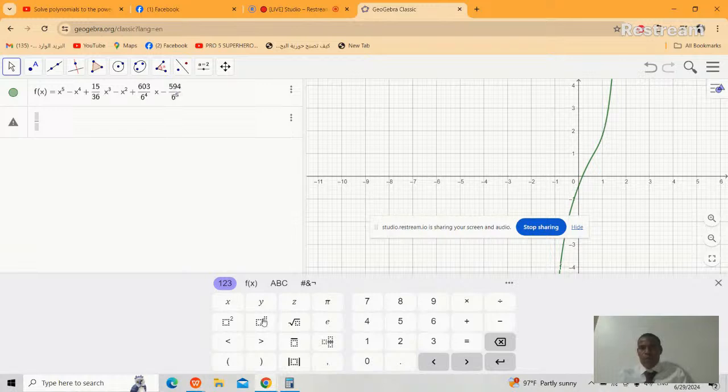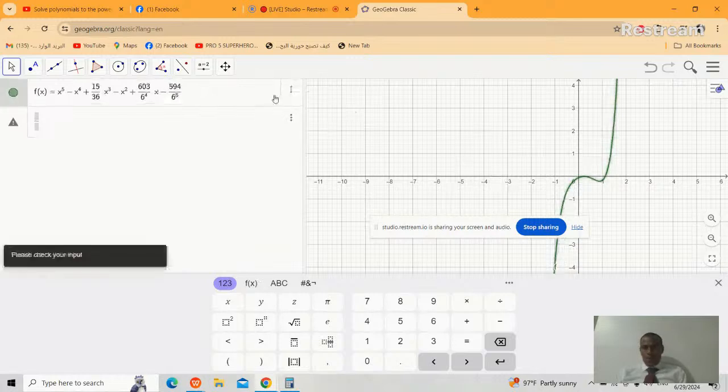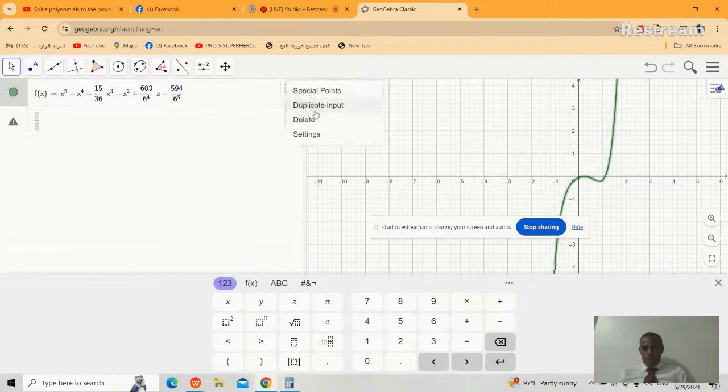Equal, of course, equal what, learners? Equal 0. This is what I gave to GeoGebra. I will tell him solve. You see, he can't solve the polynomial to the power 5.